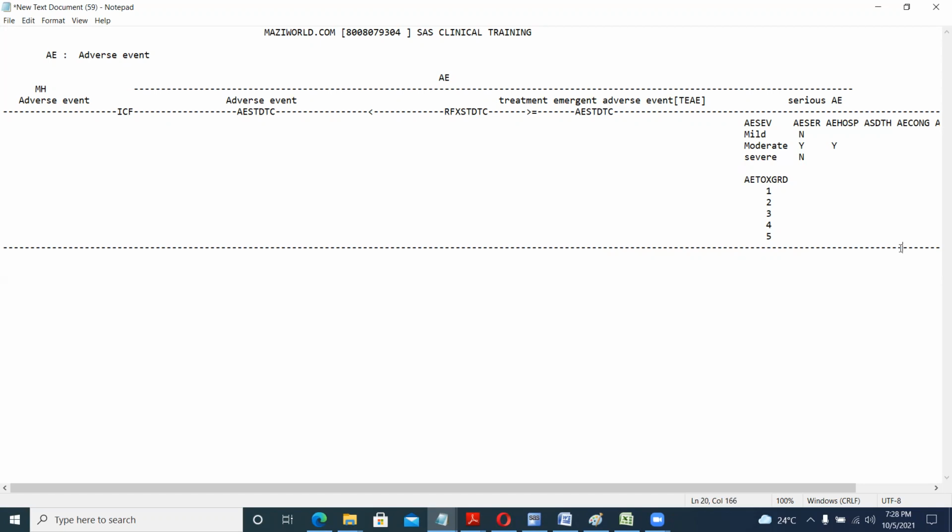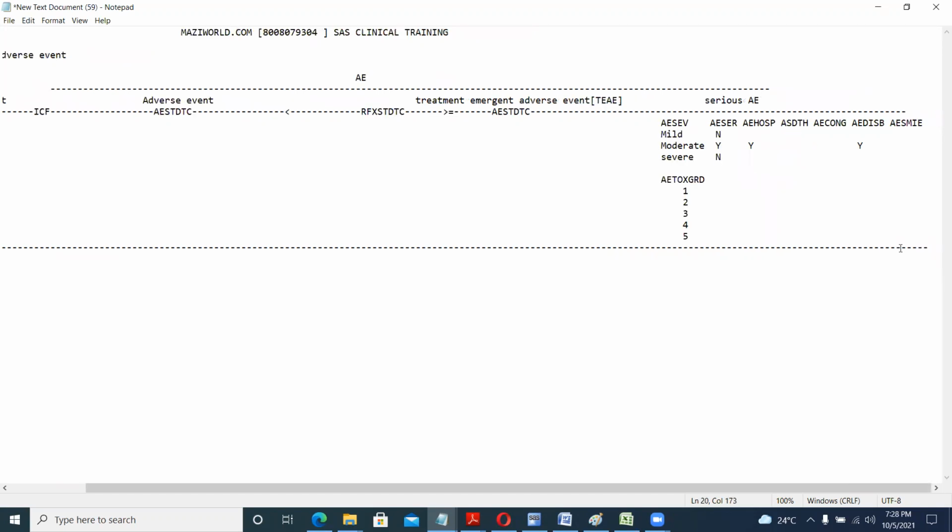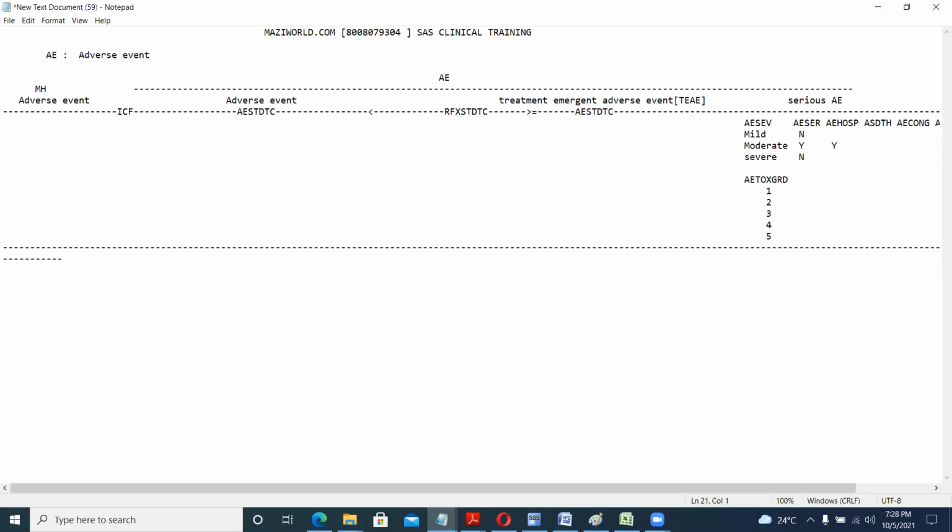There is another rule with the names AESPID, AESEQ, and AEGRPID.